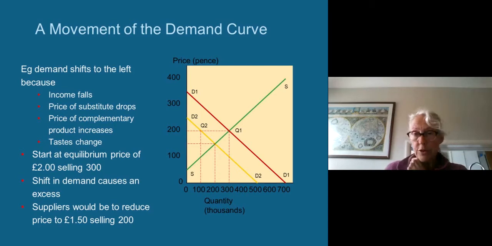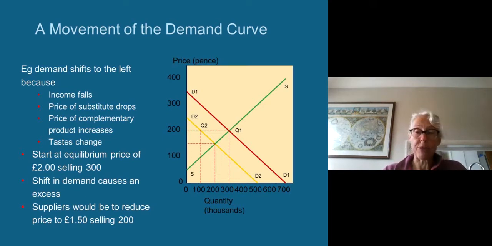So we're going to start at this equilibrium point here of Q1, where at 200 pence or £2 we're selling 300 tickets, and we're going to see what happens. We see over here it shifts across. Now what happens initially is there's an excess in supply. What happens is it will actually readjust itself.